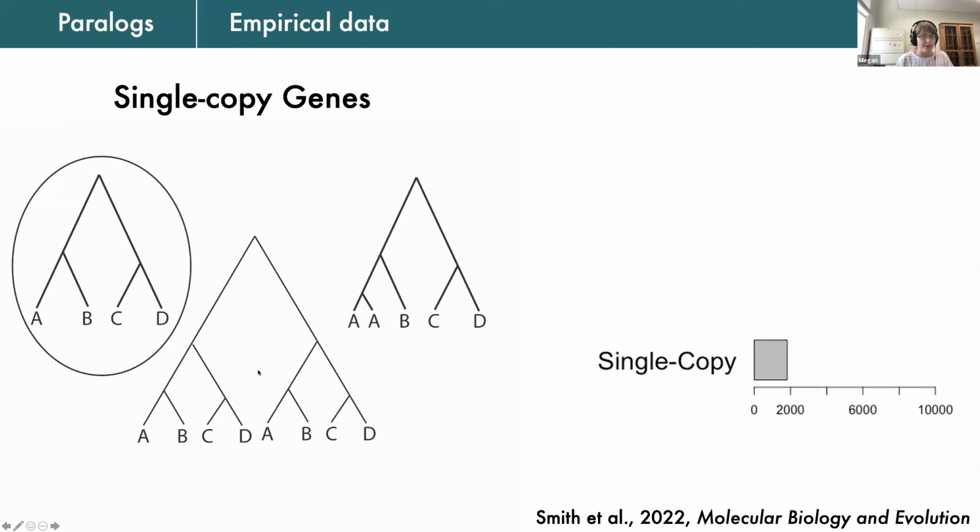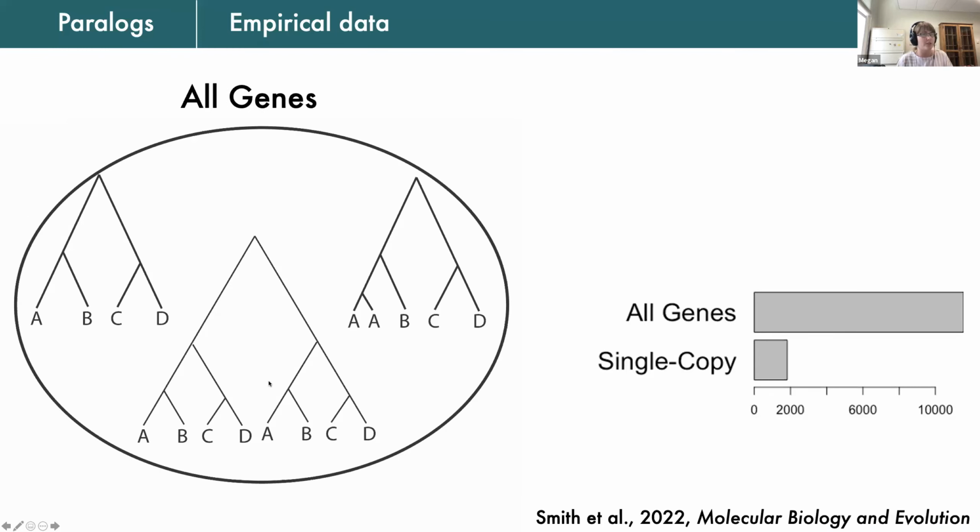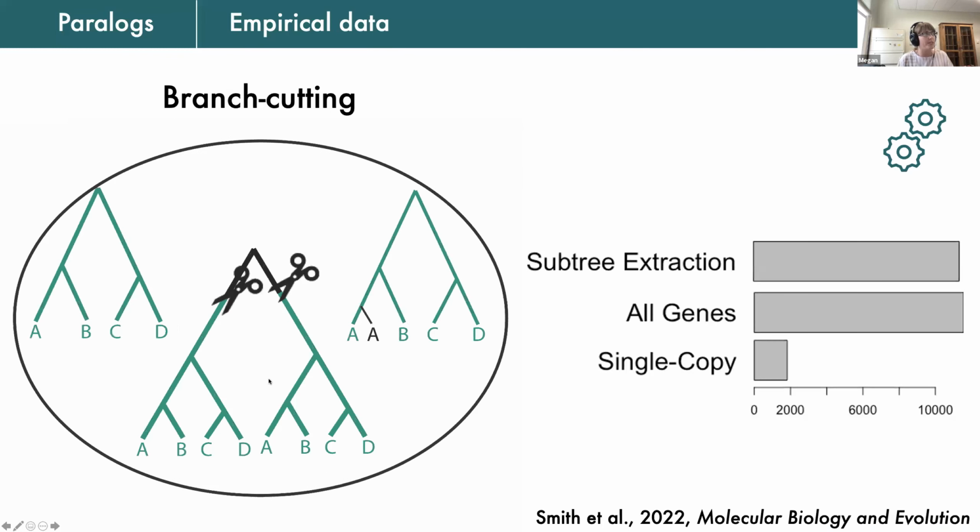We took this data set and we analyzed the single copy genes again as a baseline, but we also analyzed all the genes. So we included genes regardless of how many copies were present. And we used a branch cutting approach. So branch cutting approaches aim to extract orthologs from larger gene family trees.